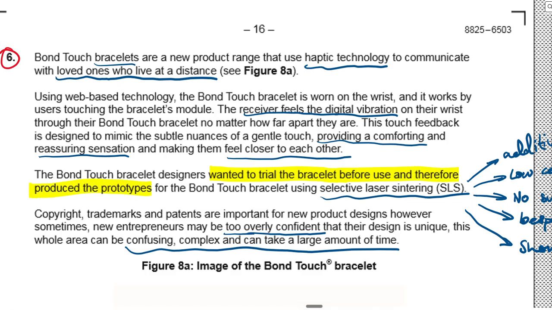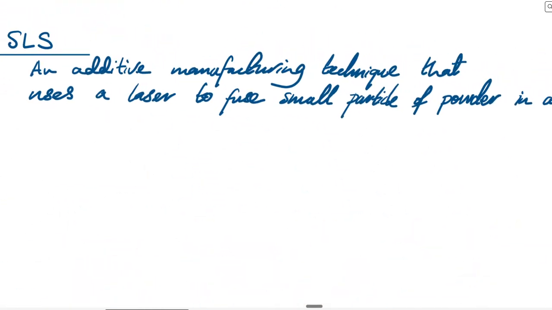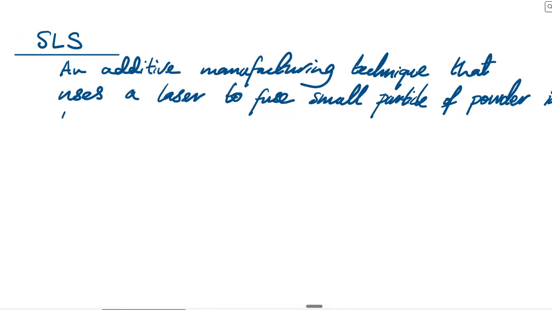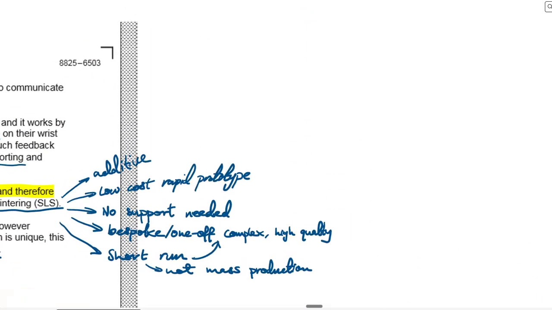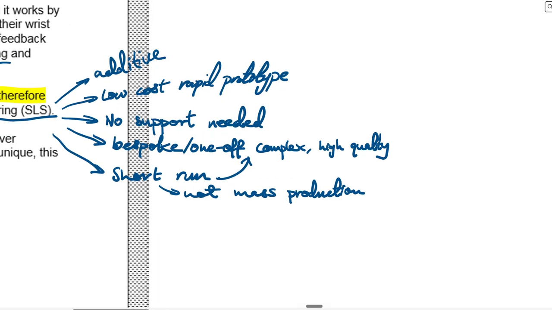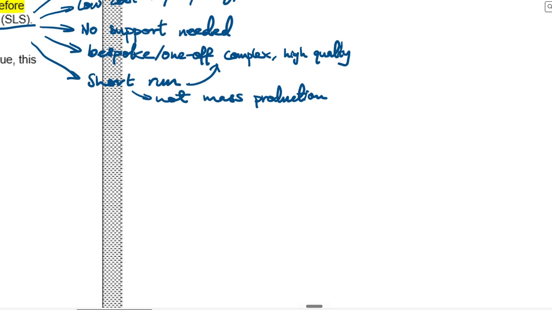So it's for prototyping and trialing, right? So we can say ideal for all these things that we mentioned up here. Let's just write all of them, right? We don't know what sticks, so low cost rapid prototyping, no support needed, bespoke high quality product, short runs, right?